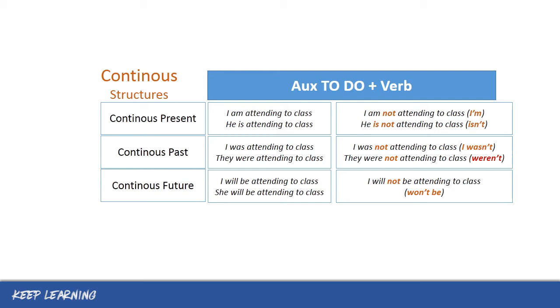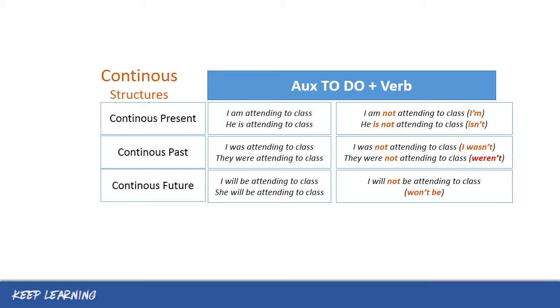In the continuous past, you can say I was attending to class, or I was not attending to class, I wasn't attending to class. In the plural form, they were attending to class, they were not attending to class, they weren't attending to class.